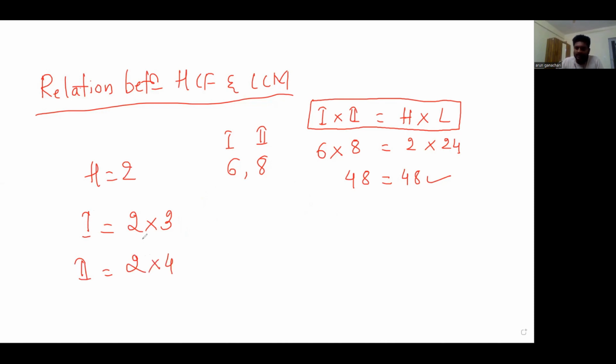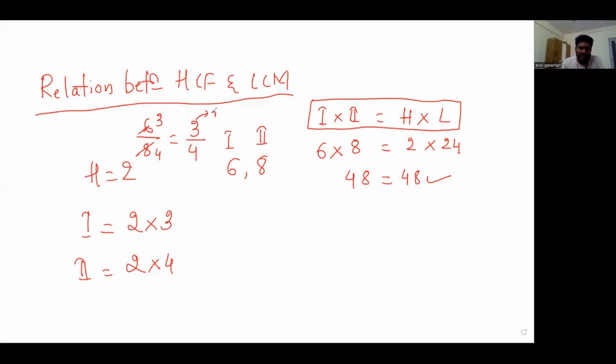Understand this? Now, if I find out the ratio of my number 1 and number 2, if I divide 6 by 8, 2 3s are, 2 4s are. So I'll get the ratio as 3 by 4.